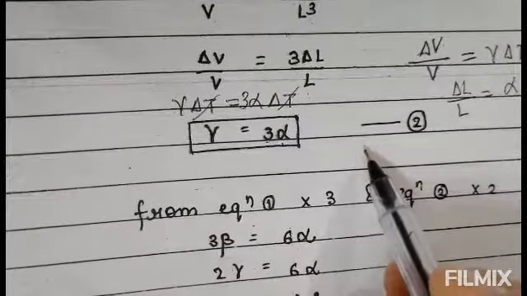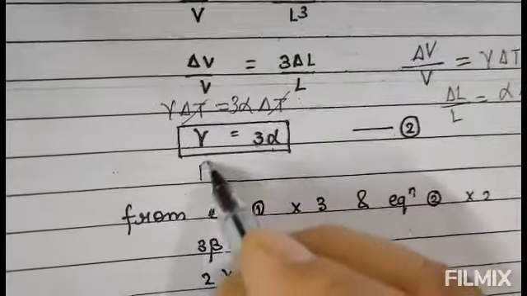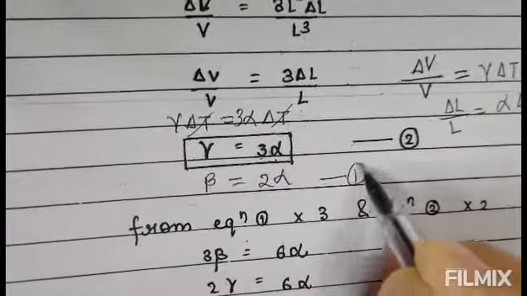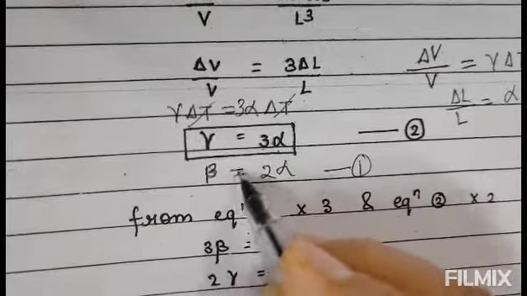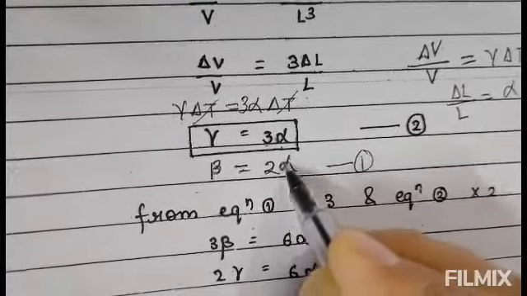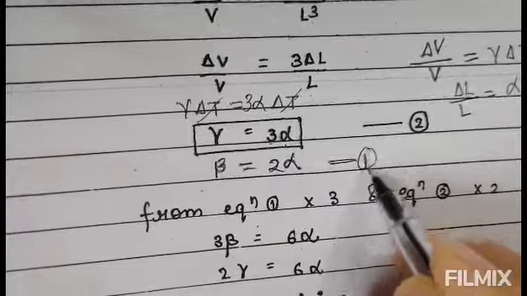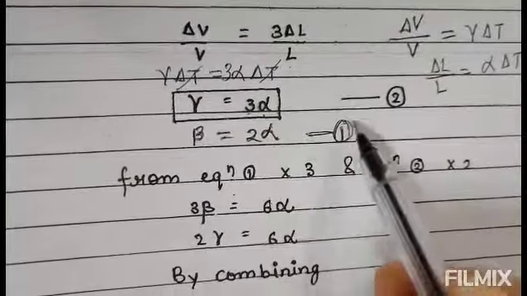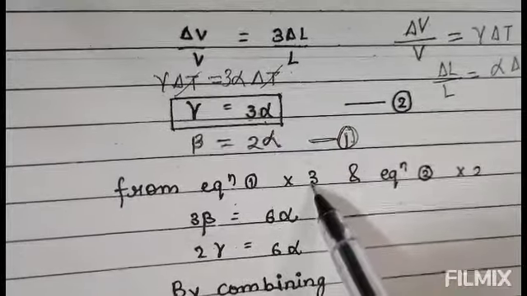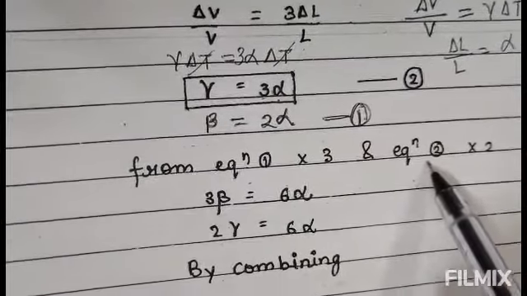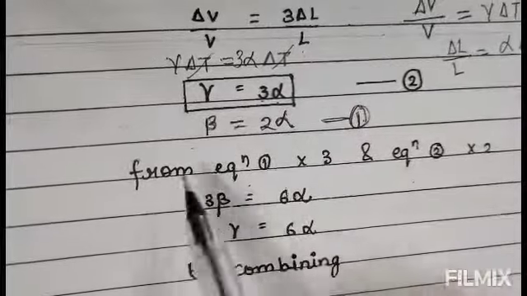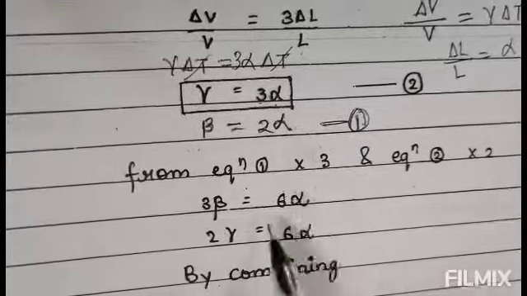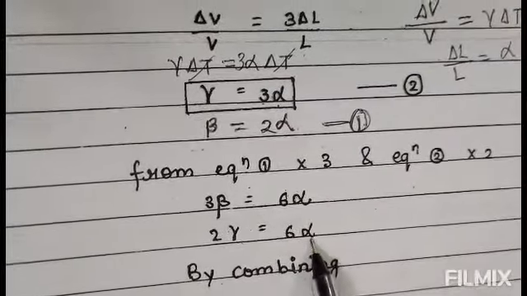In equation 1 we have written that beta is equal to 2 alpha. Now from equations 1 and 2, if we multiply equation 1 by 3 and equation 2 by 2 on both sides, we get 3 beta is equal to 6 alpha and 2 gamma is equal to 6 alpha.